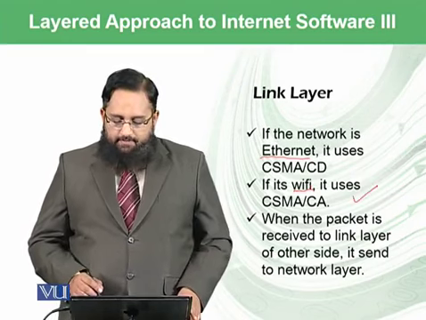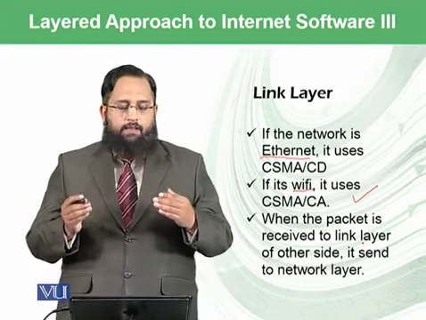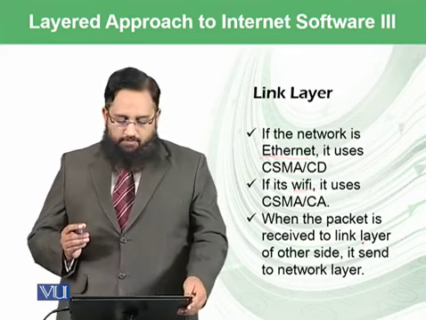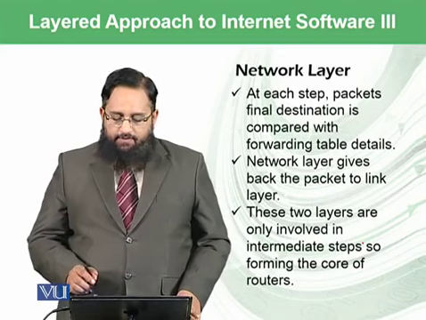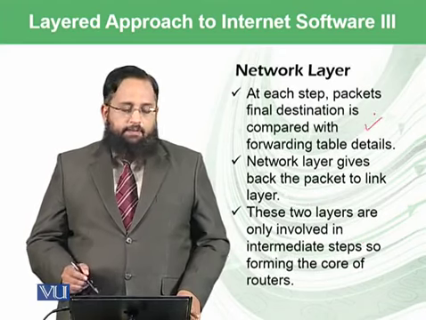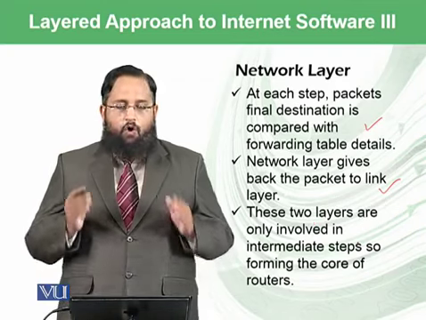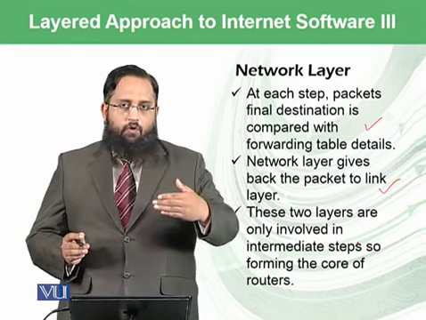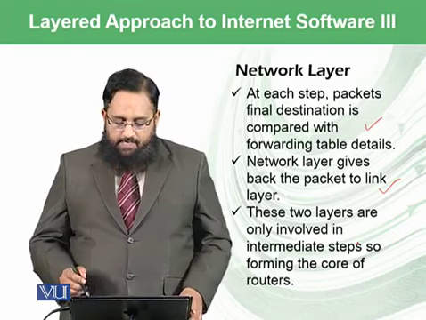So when the packet is received at the link layer, on the other side it is sent to the network layer, again to check whether the final destination has arrived or not. At each step, the packet's final destination is compared with the forwarding table details, and the network layer gives the packet back to the link layer. These two layers are basically the only two layers involved in the intermediate steps of the airlines example, which we discussed in the first module of this series.